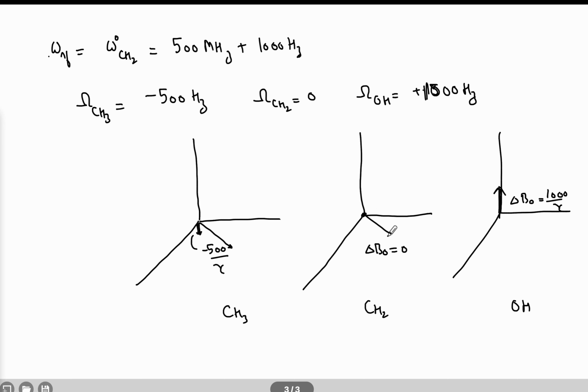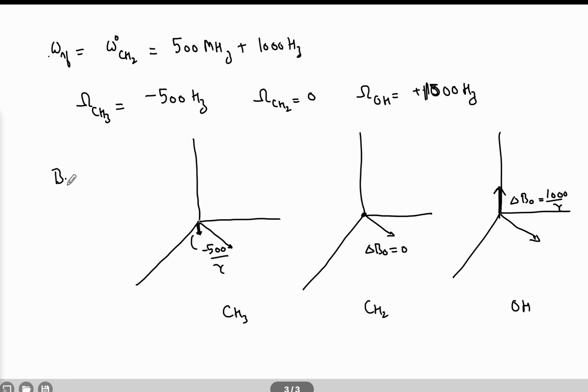Now accordingly, you are applying the same B1 in all 3 cases, let's say. This is very exaggeratedly drawn. Typically the delta B naught values will be very, very small and B1 values will be very large.